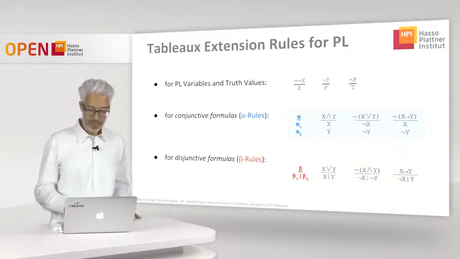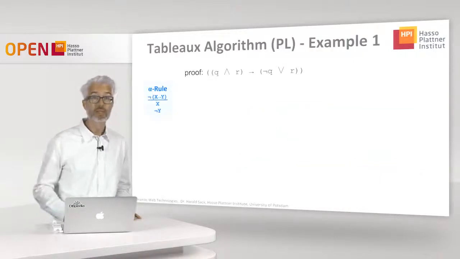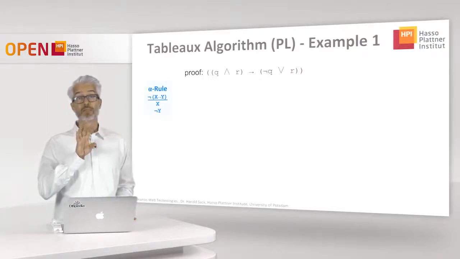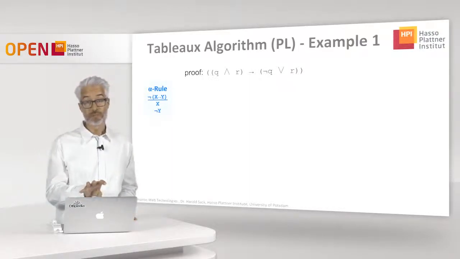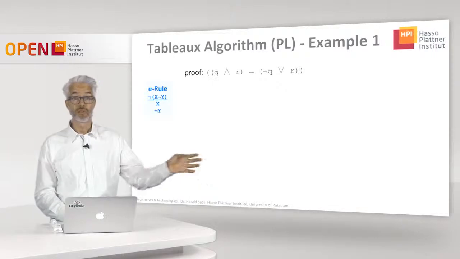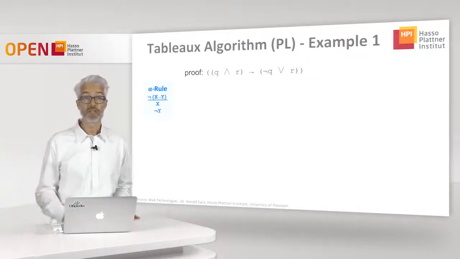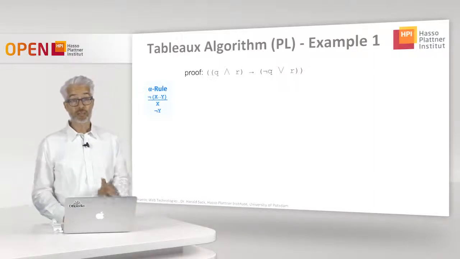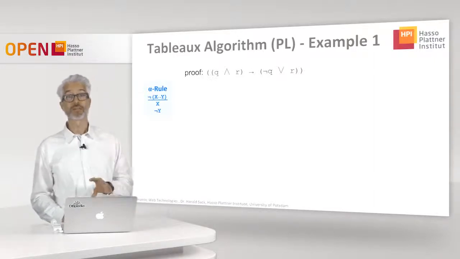Okay, so let's keep that in mind, and now let's try a very first example. So here we have, for example, a propositional logic formula. This is an implication: first we have a conjunction, then we have a disjunction, then we have one of the variables negated, and we want to check whether this is consistent.